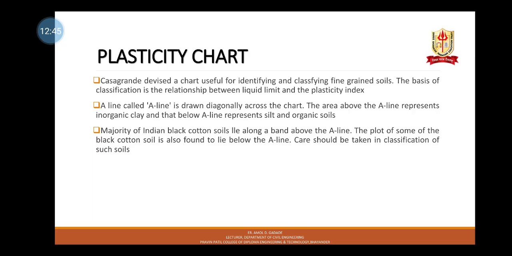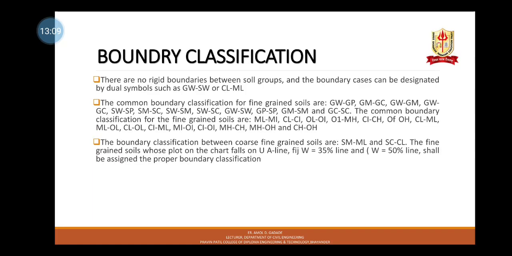The area above the A line represents inorganic clay and that below the A line represents organic clay. The majority of Indian black cotton soils lie along a band above the A line. The plots of some of the black cotton soils are also found to lie below the A line. Care should be taken in classification of such soils.